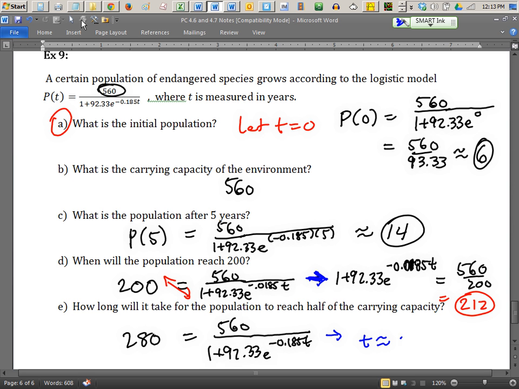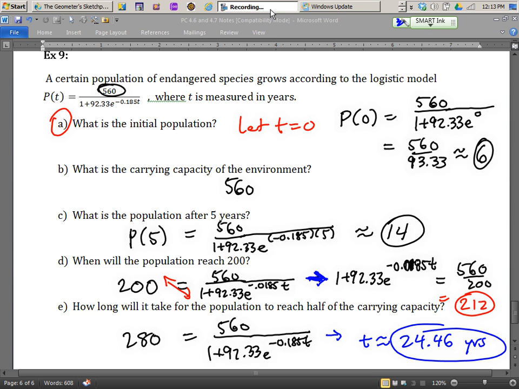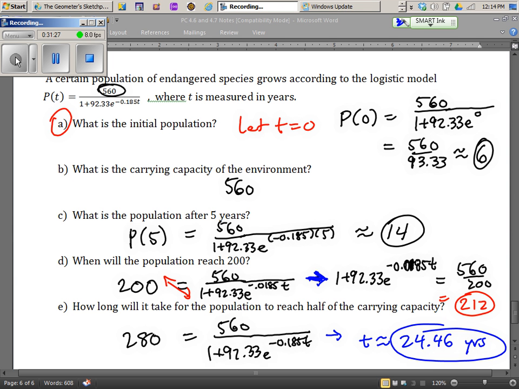I think that it's 24.46 years. I'll check it later. So I'm off by 1 decimal. This is 244.61 years.